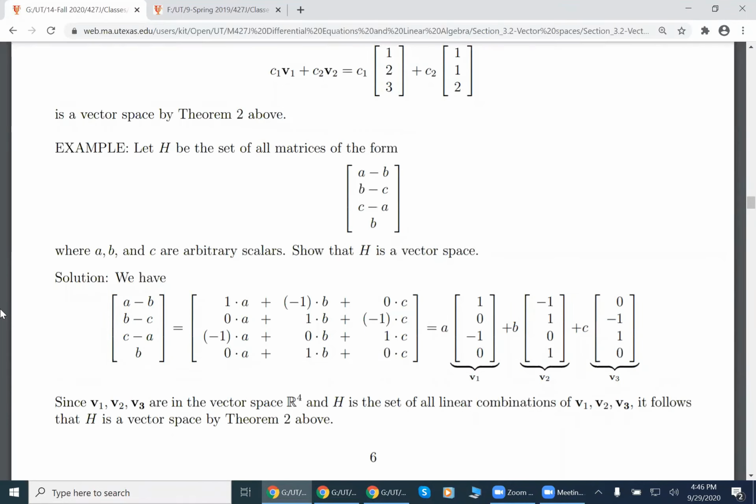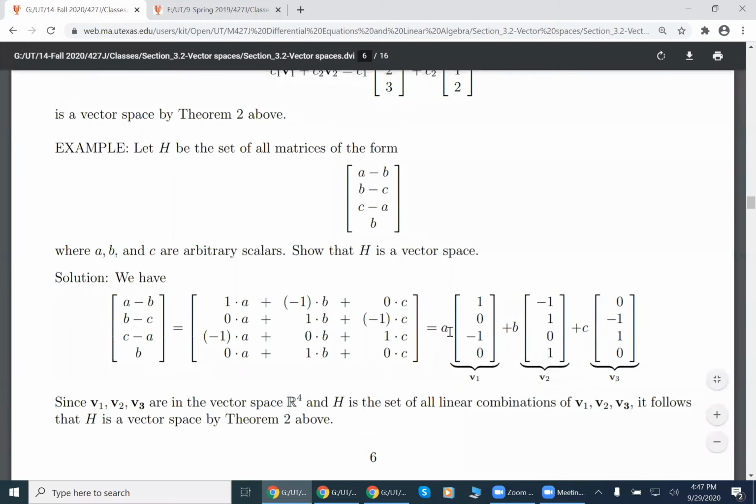Other questions? Professor, can you explain again why this represents all the linear combinations? Great question. Here is the answer. Over here, A, B, and C are arbitrary scalars, which means we can plug in any number instead of A, any number instead of B, and any number instead of C. So these are all possibilities.